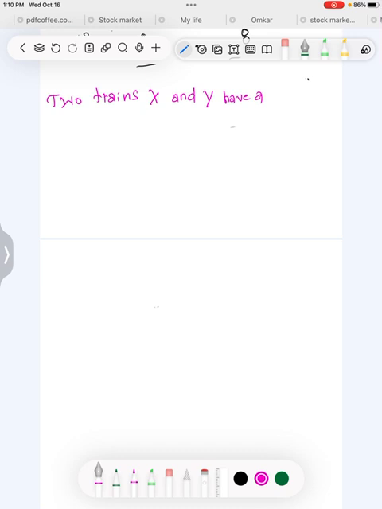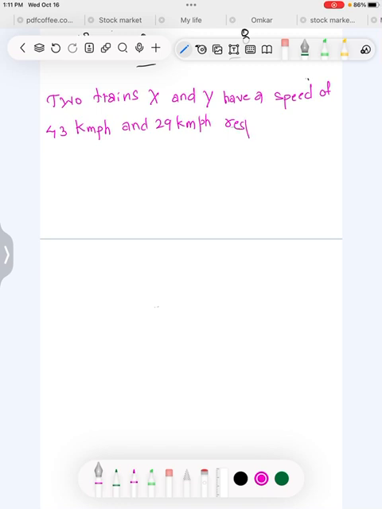Okay, let us continue this. Two trains X and Y have speeds of 43 kilometers per hour and 29 kilometers per hour respectively.